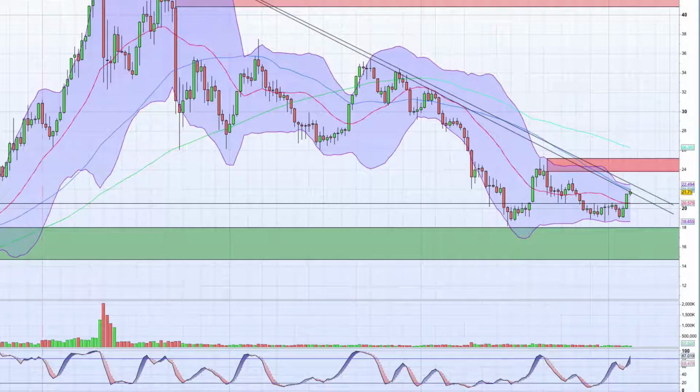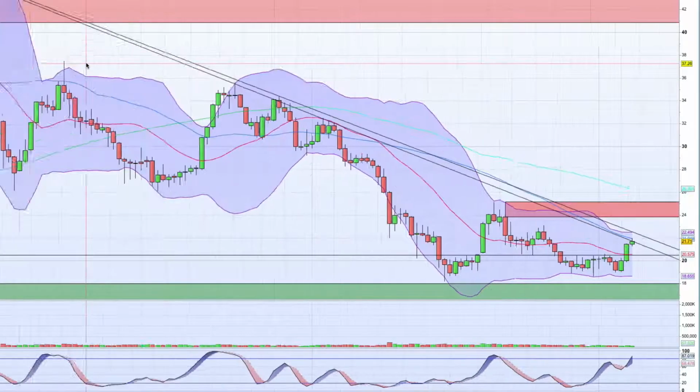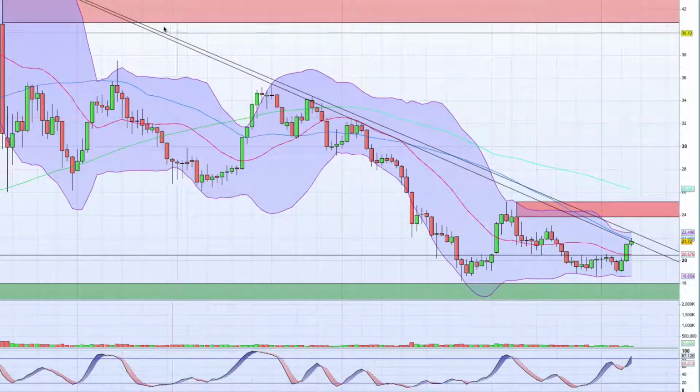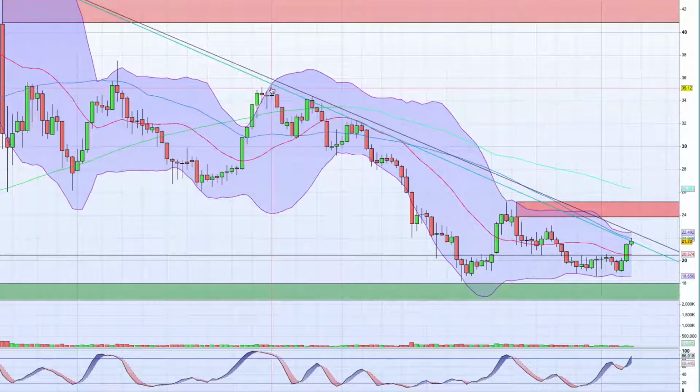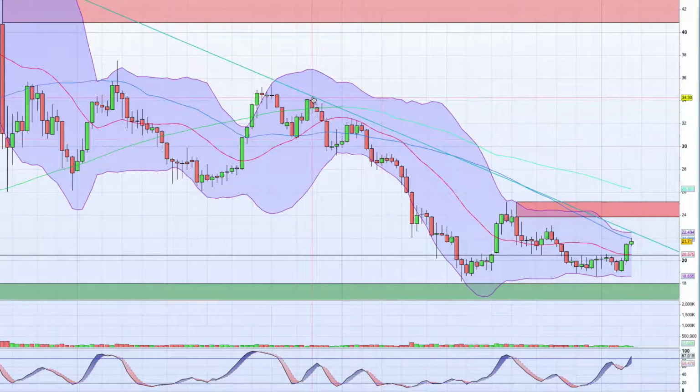Now I've drawn two lines, and the reason why is because we can see very clearly that one line is where these three candles here were tested. But I also put another line here just in case, because this is the high of this candle.